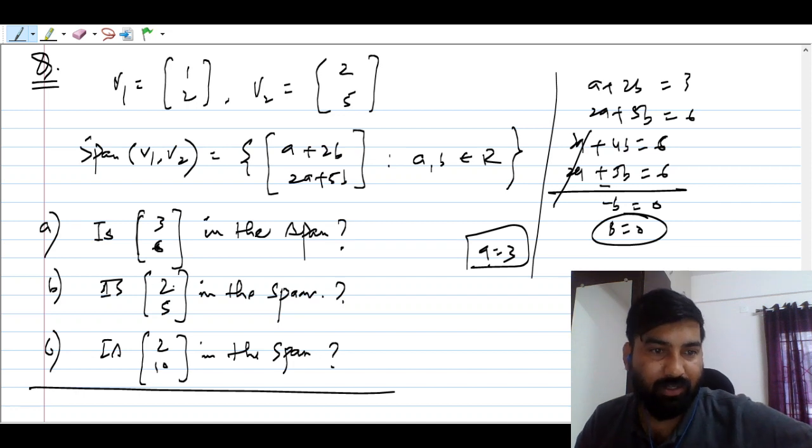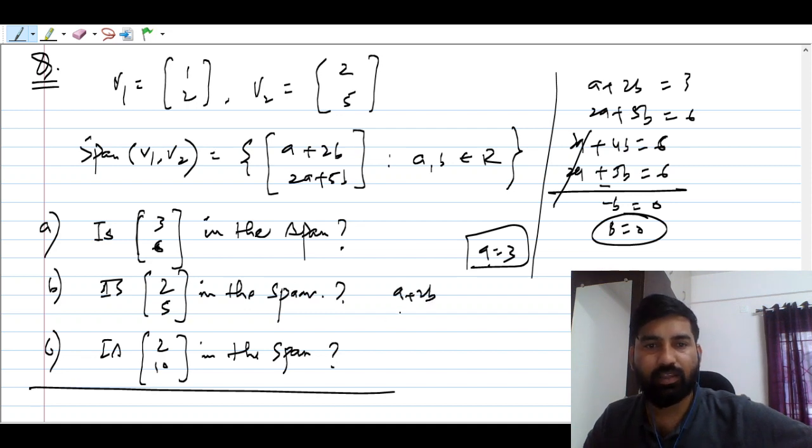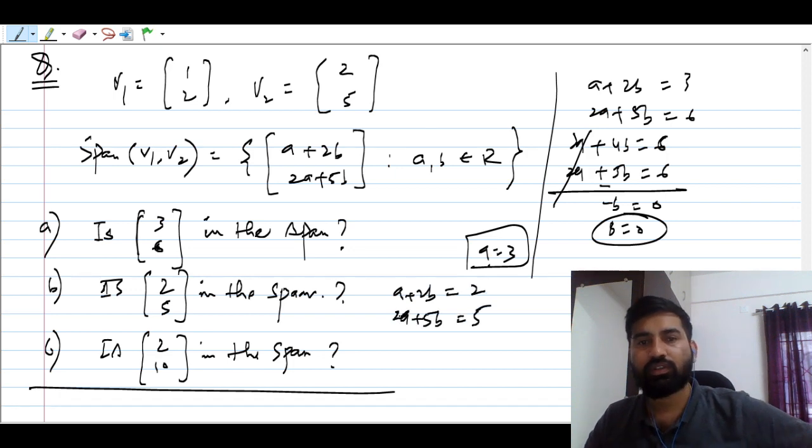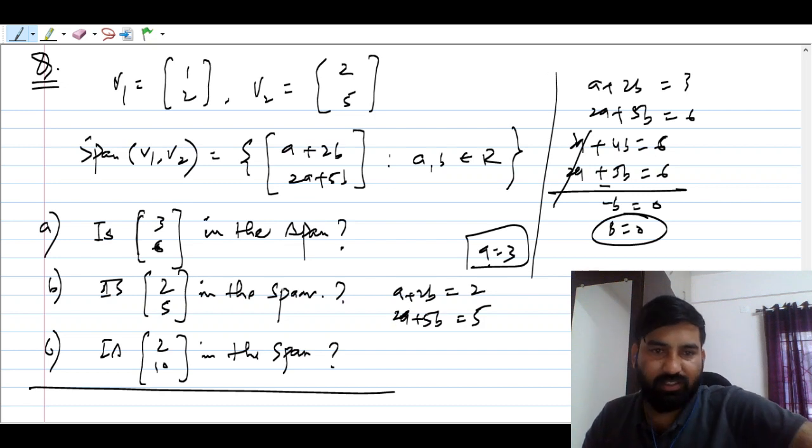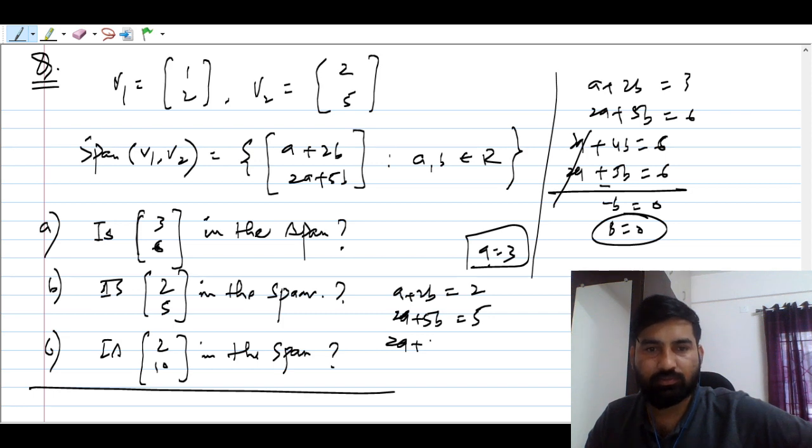But if you compare this to 5, you can take 2, 5 as well. So a plus 2b and 2a plus 5b, right? 2 and 5. So again you do all those things. So 2a plus 4b equal to 4, right?